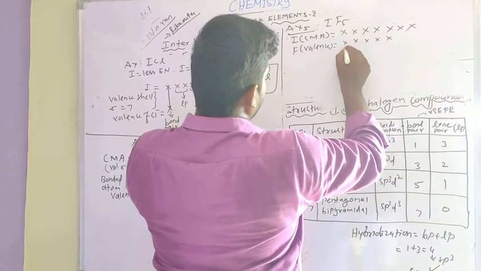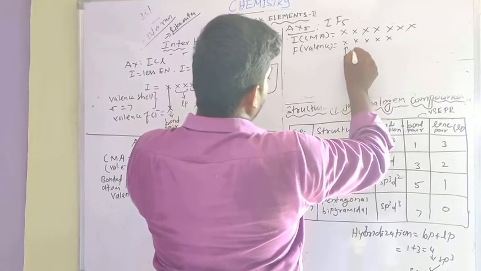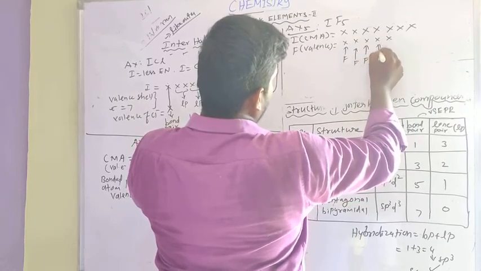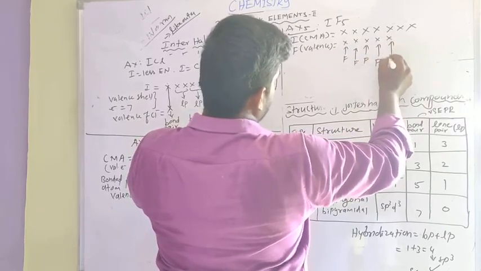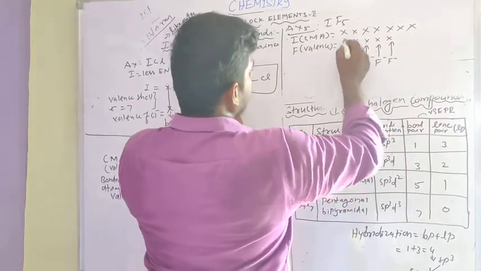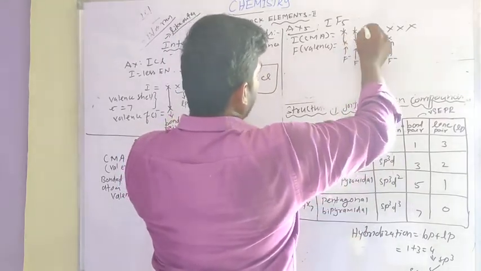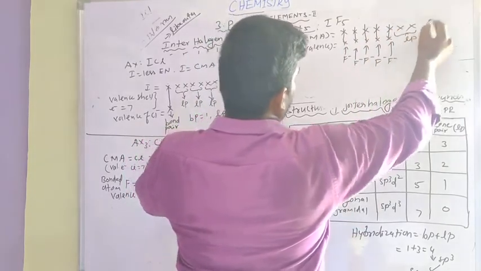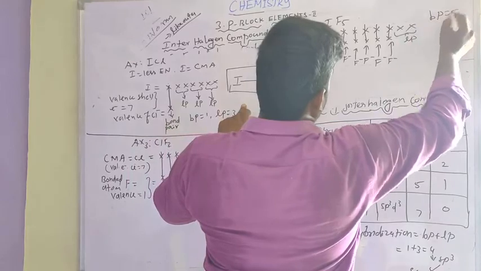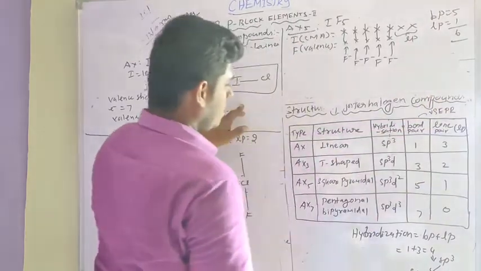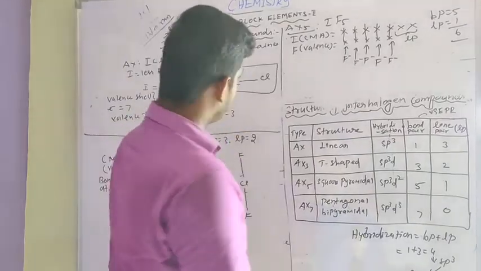Each fluorine can donate an electron. The 5 form bond pairs and one remains as a lone pair. So bond pair 5, lone pair 1, totally 6. So it is a square pyramidal structure.